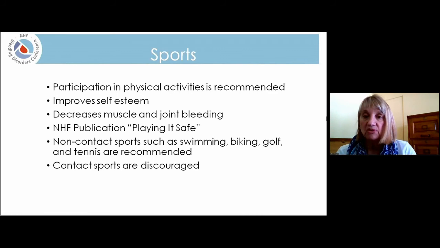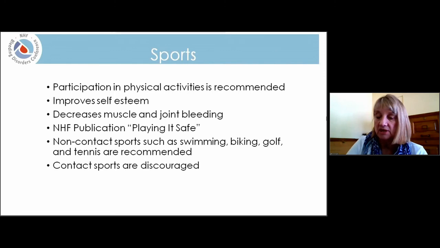No contact sports such as swimming, biking, golf, tennis are going to be the things that we recommend the most. We do try to discourage contact sports, but that said, it doesn't mean you can't have your child participate in some of the more risky sports. What it means is you have to have a dialogue or a discussion with your healthcare provider to adjust your child's treatment plan in order for them to participate in the sport that they would like to undertake.